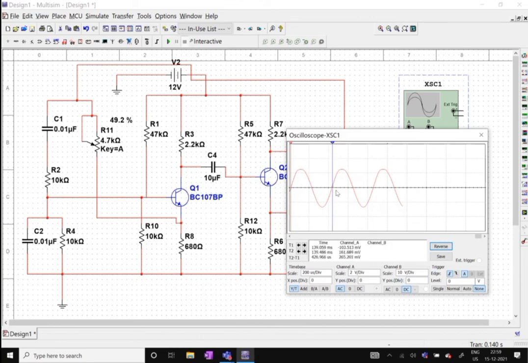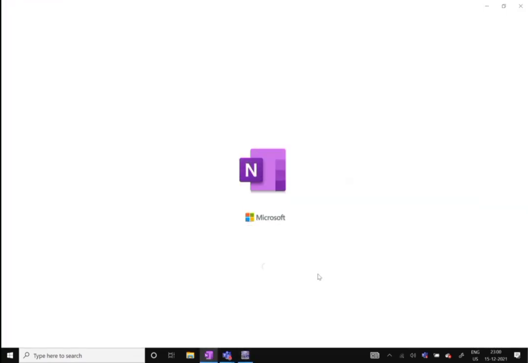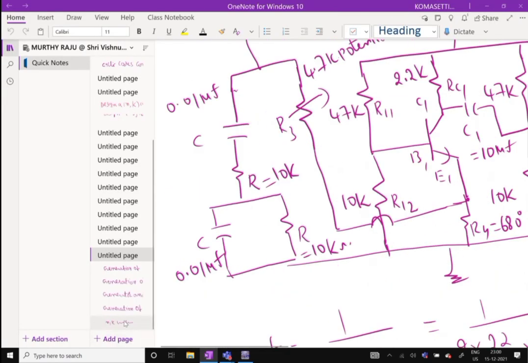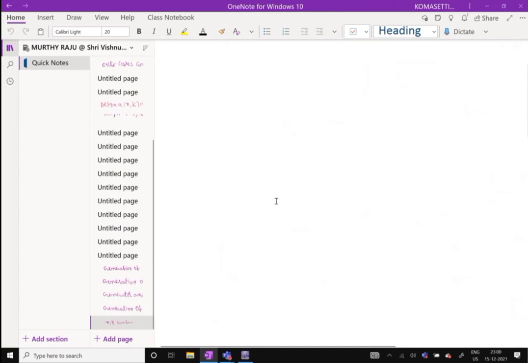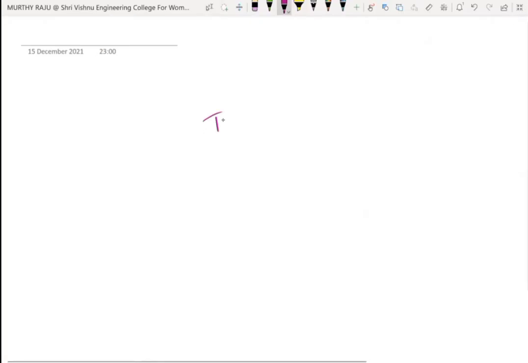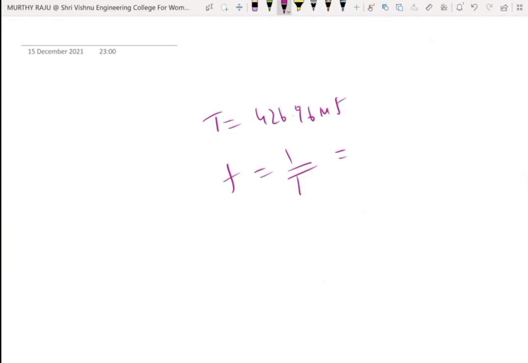From this point to this point is 426.966. Here T is equal to 426.96 microseconds. F is equal to 1 by T.